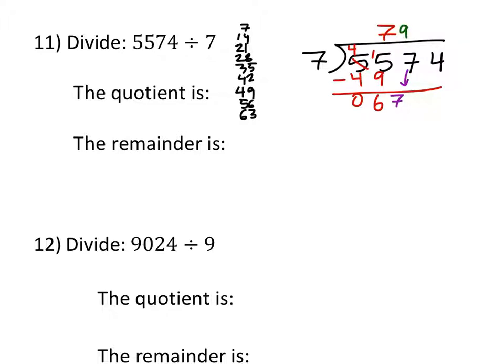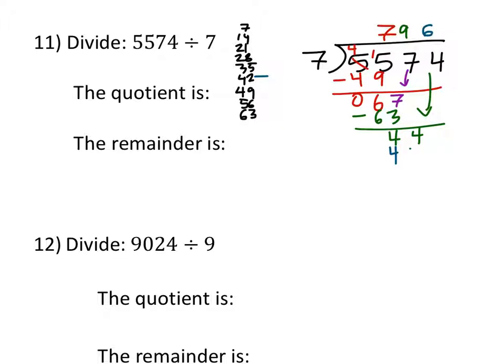And 9 times 7, as we can see in the chart there, is 63, which I will subtract out of the 67, and that's 4. But then I need to drop this 4 as well. And I can see that 7 will go into this 44 6 times right there. So that would be 6 right there.